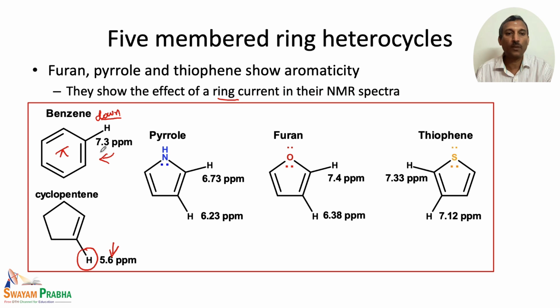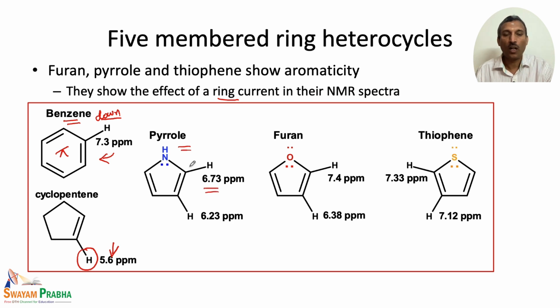So, at 7.3 ppm, aromatic protons appear for benzene, whereas for the isolated double bonds, where there is no pi electron cloud and no ring current, they appear at 5.6 ppm. And if we extend the same, pyrrole has two types of protons.